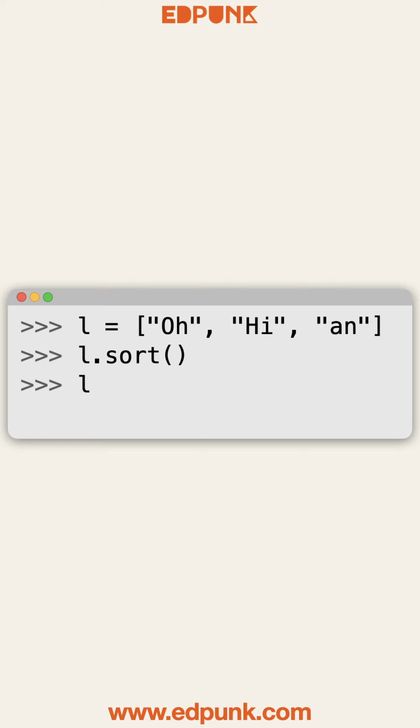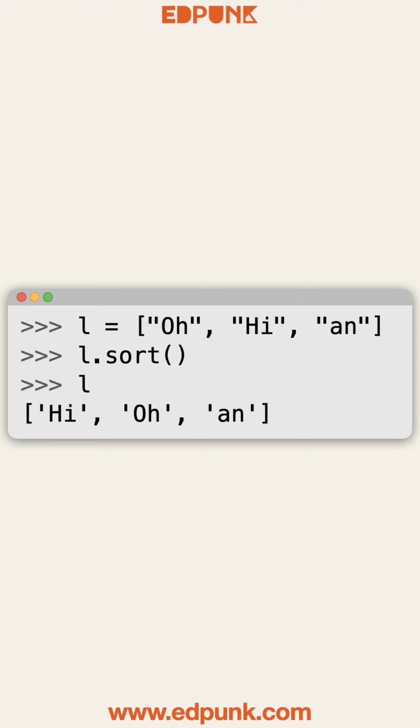Let us view the list. We can observe that although alphabetically an comes before high, it is still at the last position of the list as the comparisons are case sensitive and uppercase characters have lower code point than lowercase characters.